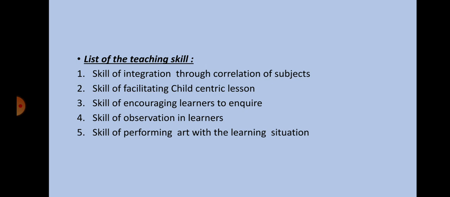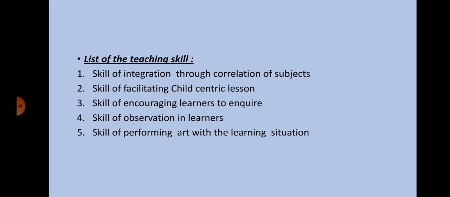The TLM is obviously related to the topic you are going to deliver that day. So the learners learn to observe, and they can understand what the model or the picture is, and they learn how to observe each and every thing present in the classroom, which is very much necessary.